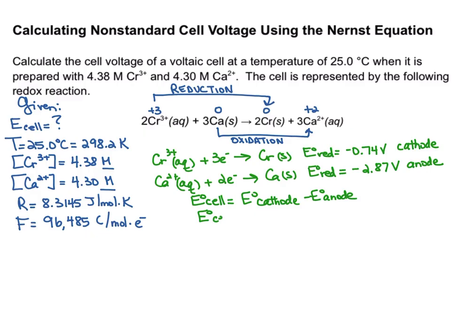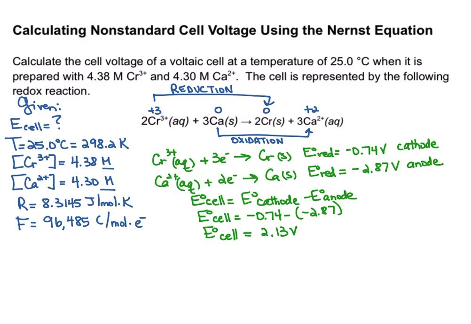I'm going to go ahead and plug in my numbers. And my standard cell potential is 2.13 volts.